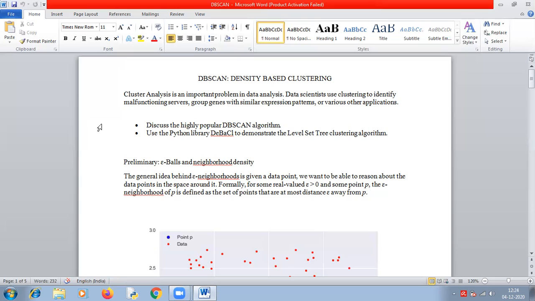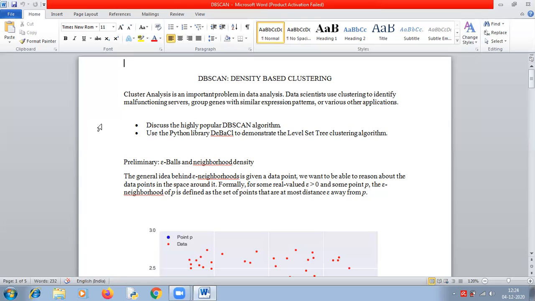So in this lecture, I will cover a family of techniques known as density-based clustering. Compared to centroid-based clustering like k-means, density-based clustering works by identifying dense clusters of points, allowing it to learn clusters of arbitrary shape and identify outliers in the data.